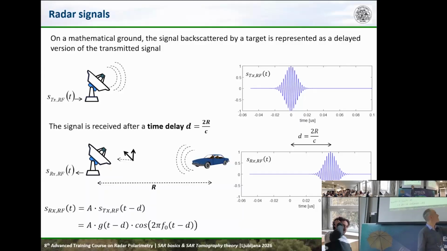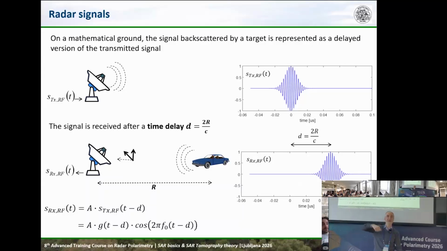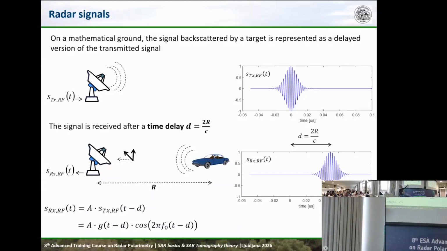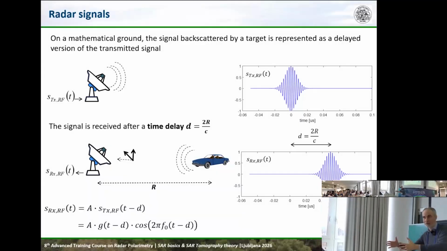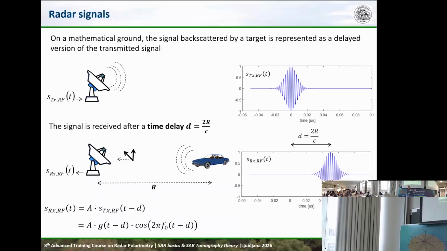This time it is the same, but we are adding this modulation that is due to the carrier frequency. So this is what we have, and we end up with this expression. So we apply the delay to the pulse and also to the sinusoid, of course, because the whole signal is shifted.